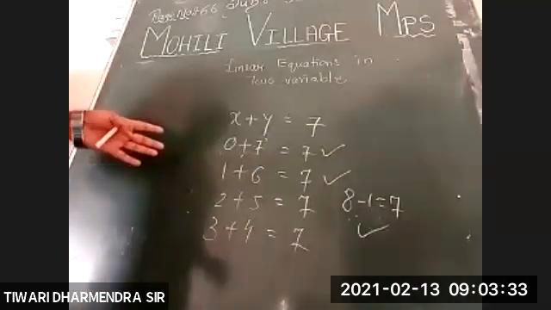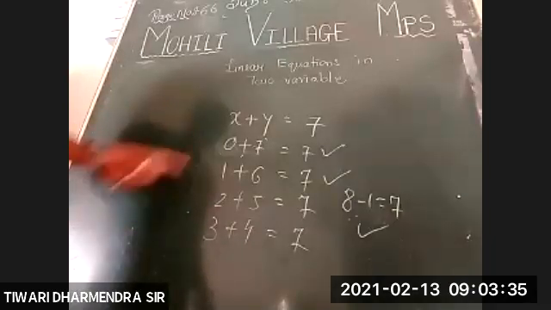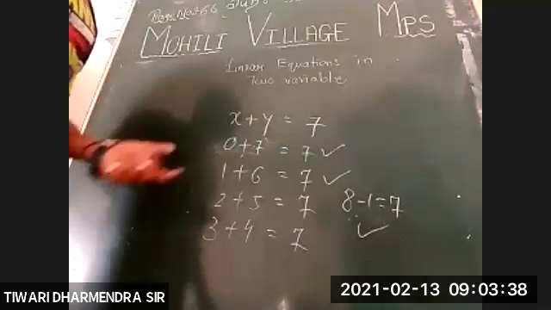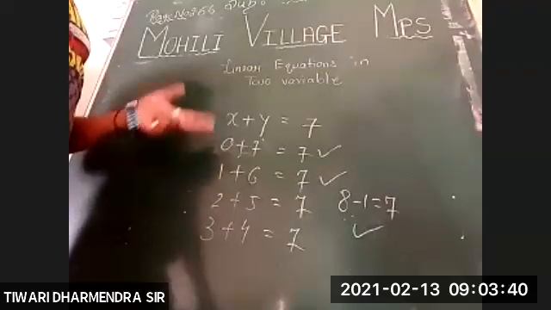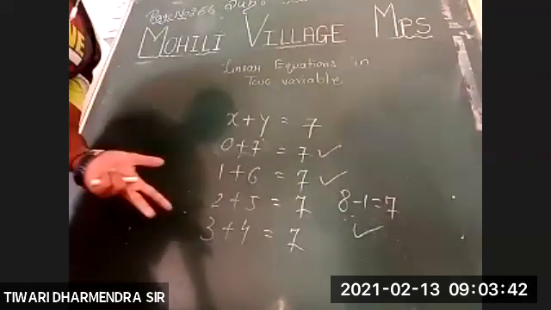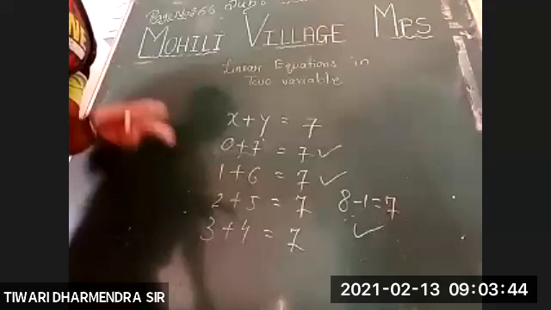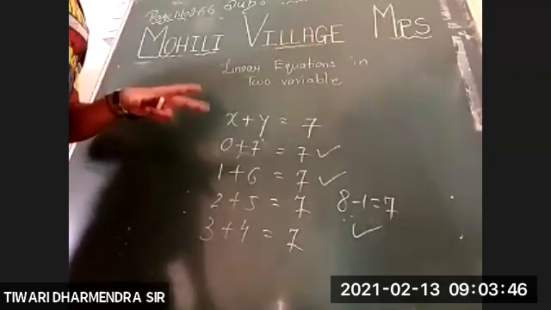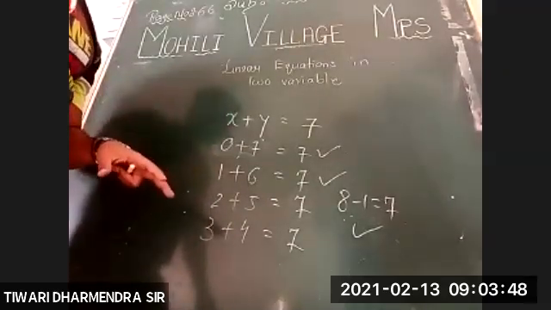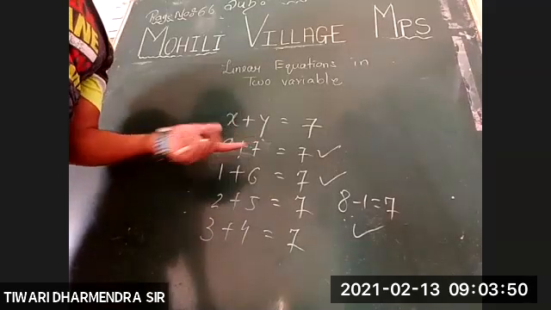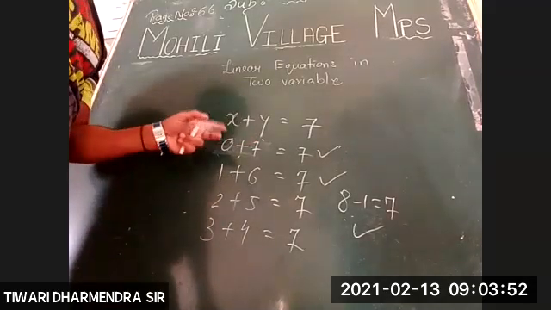So as per our understanding, this type of equation in which we are having two variables has many solutions. Now, this is the term solution. Solution means those values of the variable which satisfy the given equation.